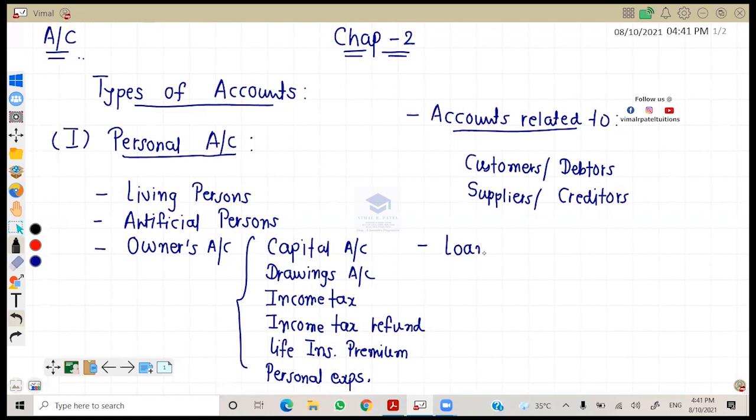Then loan taken, amount borrowed, all these are covered under personal. बराबर?